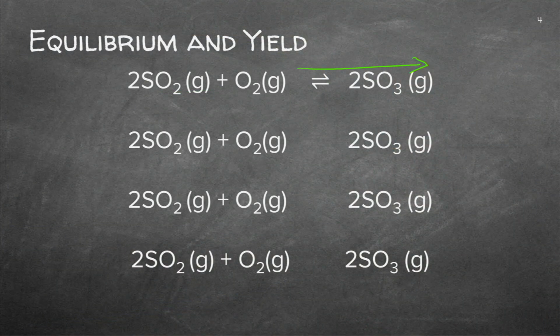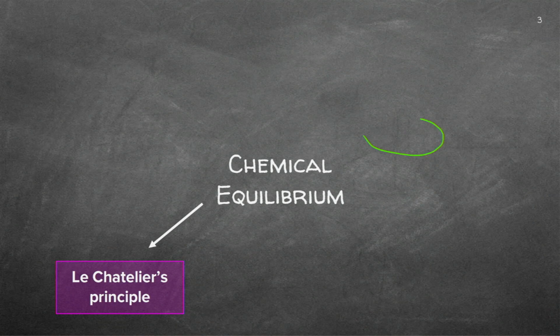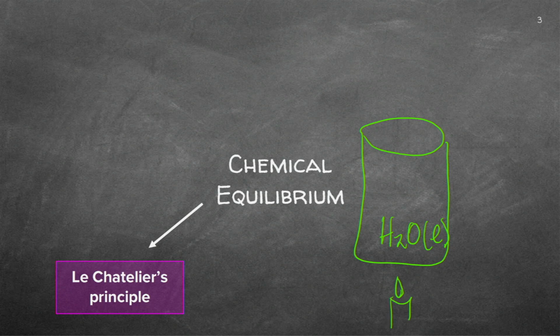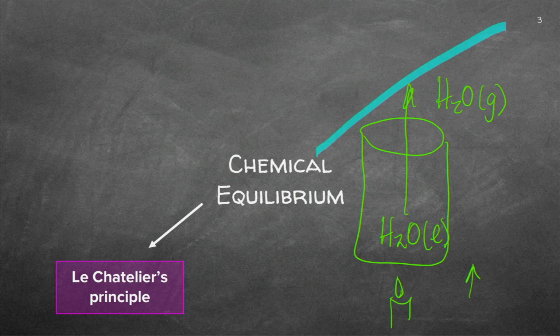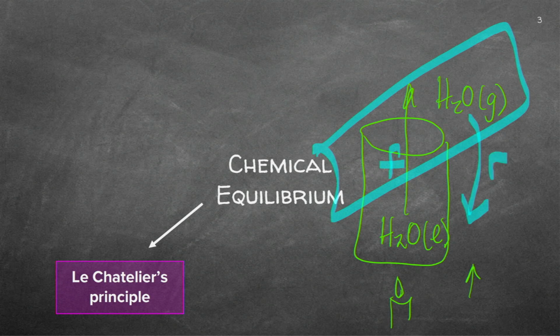If I draw that little diagram that we had in the beginning, we said if we've got water in the liquid phase and we are increasing the temperature, water will go to the gas phase or vapor. If I close this container, the water gas will go back to the liquid. So I've got a forward reaction and I've got a reverse reaction.